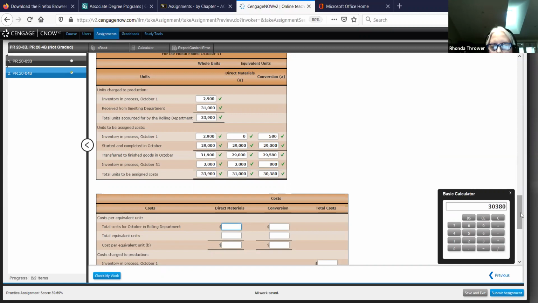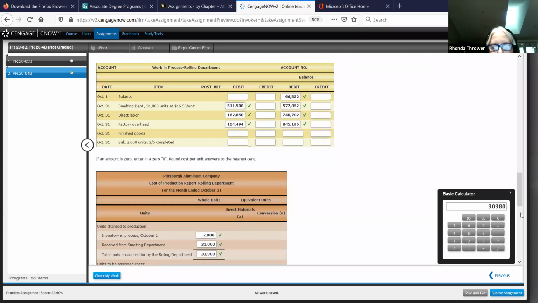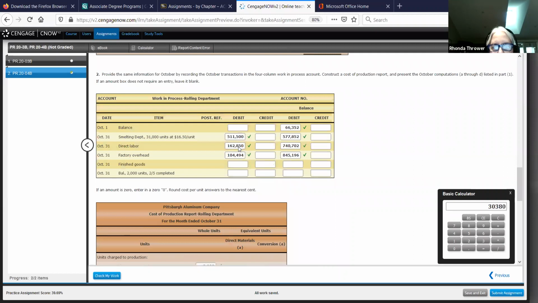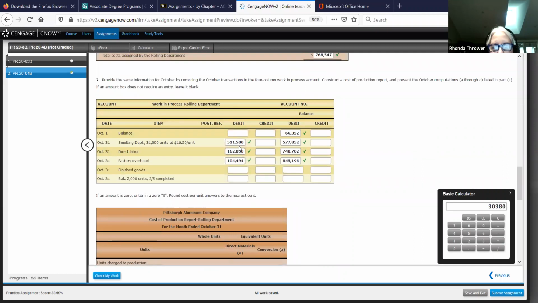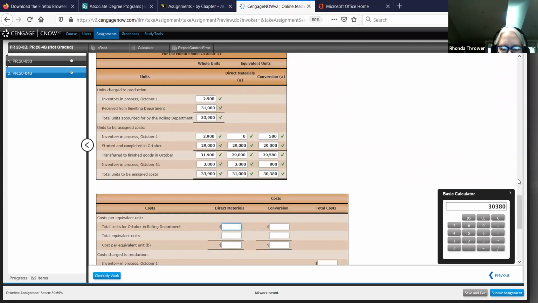And that you can find in a couple of different places, but right here in this ledger, it's 511,500. And then we're going to put in our equivalent units for our materials. That was 31,000.